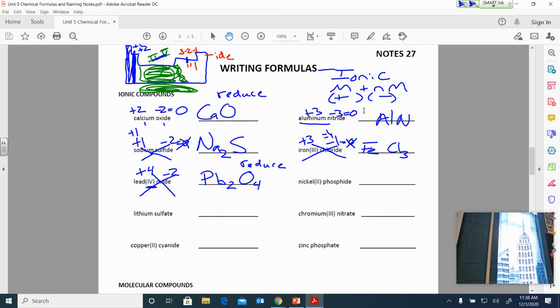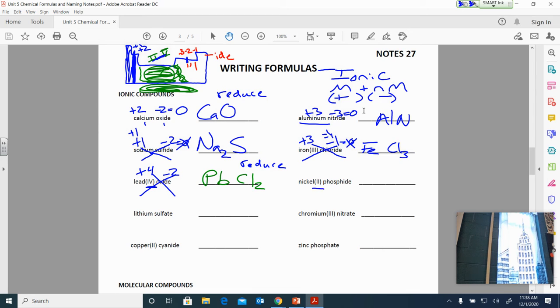So if I divide both those numbers by 2, then I get just 1 lead, and I'll get 2 oxygens. Whoops, wrote the wrong one. Try that again. PbO2. Now I only need 1 of the Pb and I need 2 O. So I reduced it. Okay.